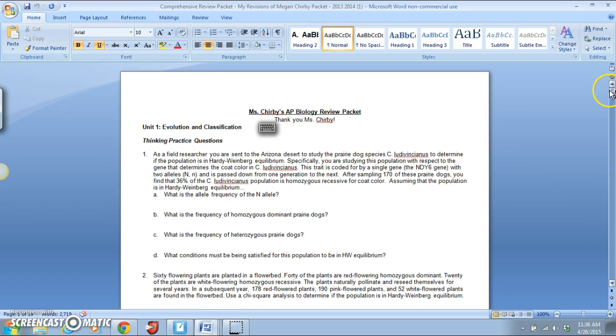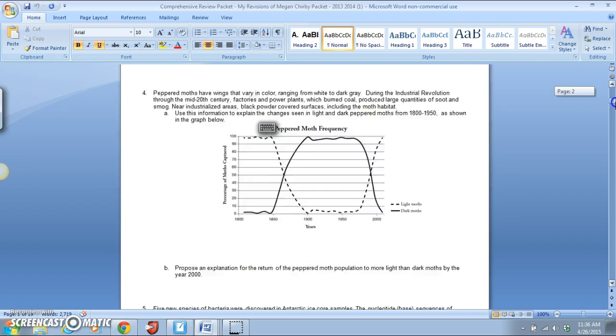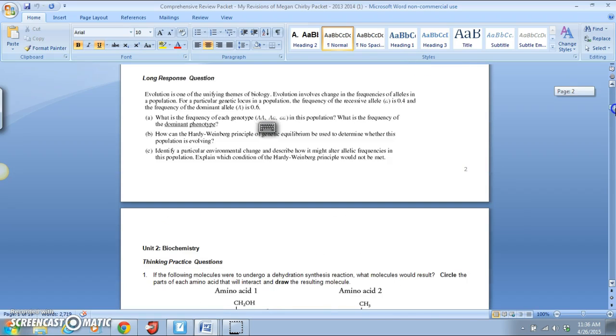You'll notice that the units don't go exactly in the same order that we did them in class. That's because I revised this last year when we had a slightly different order of units, but it's the same content. Within each unit, you've got some thinking practice questions, and many of the units will also have long response or short response questions associated with them as well.